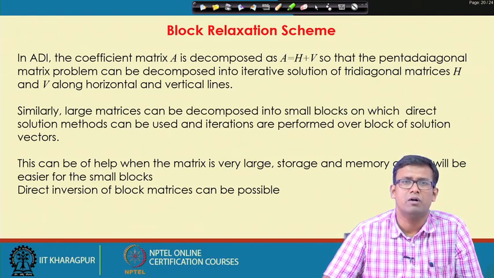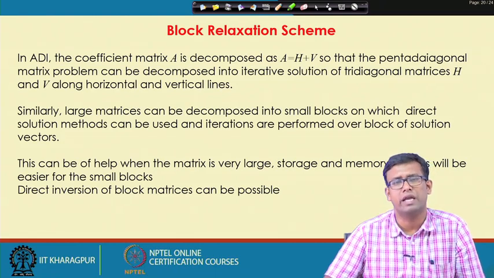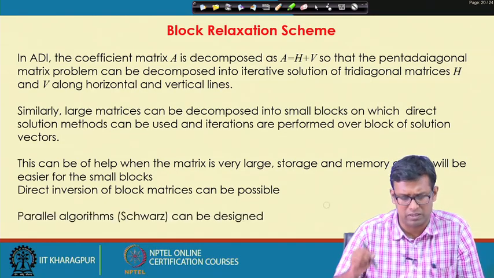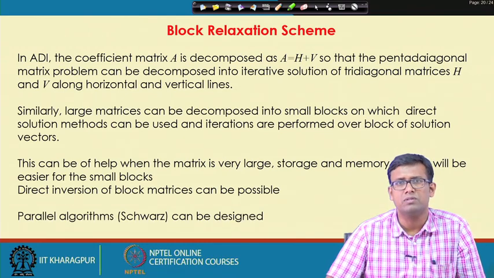For a million by million matrix, that is an extremely large number of operations that we probably cannot do for any practical purpose. But if we break down into small matrices, say 100 by 100, n cube operations is still possible. So, direct inversion is possible for block matrices, and parallel algorithms like the Schwarz method can be designed.